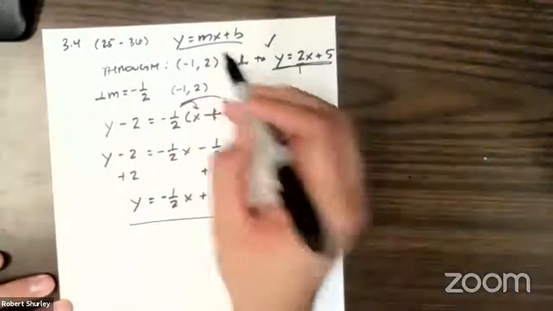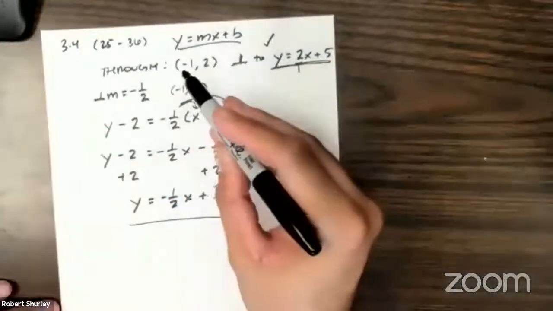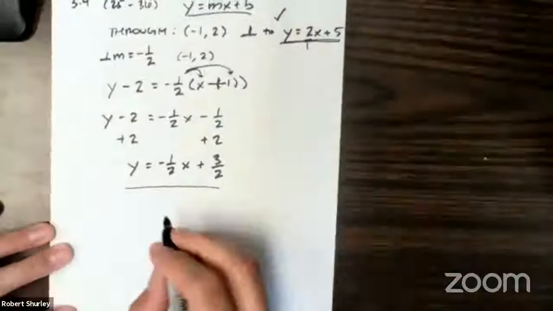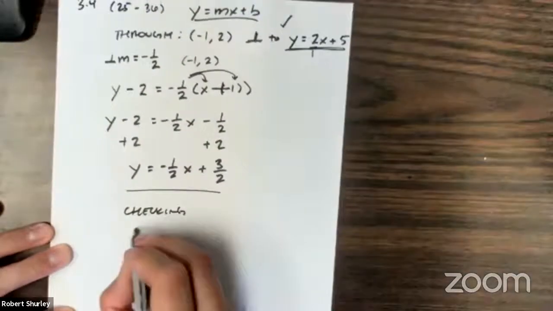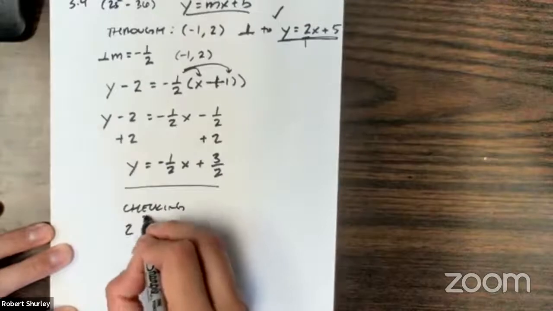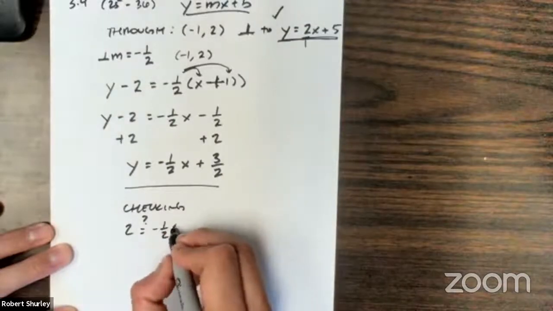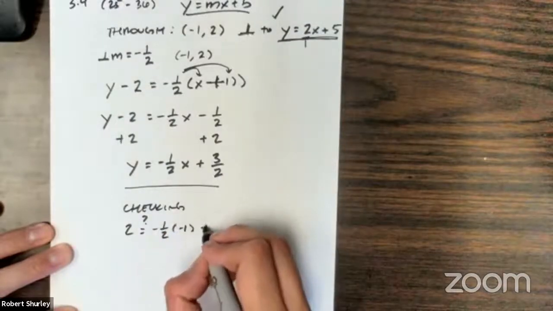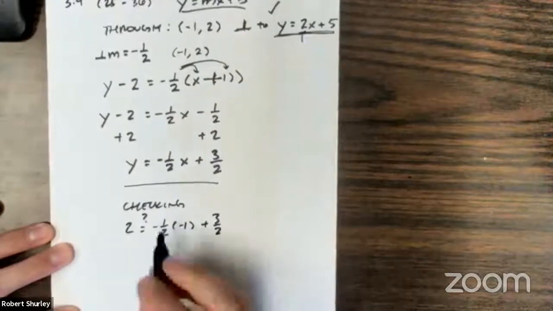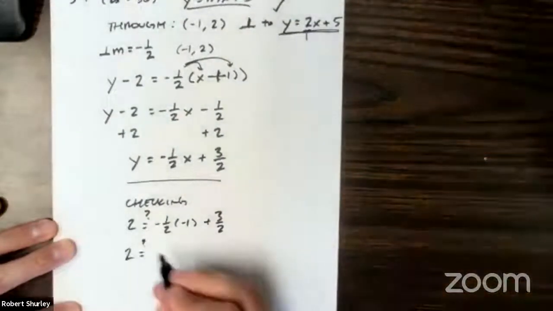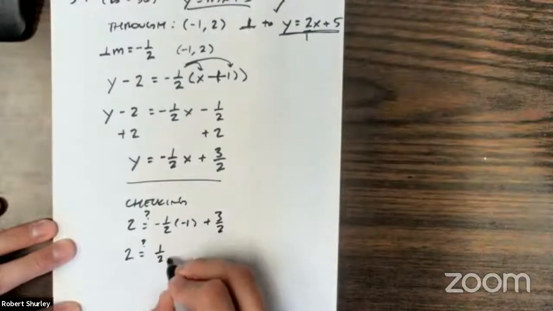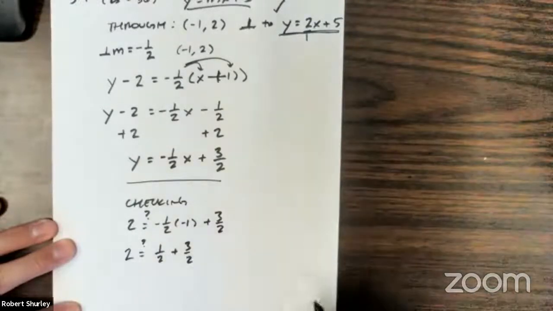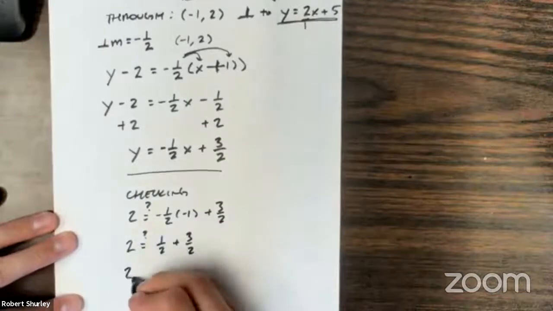Now, do we go through (-1, 2)? Well, this is going to take a little more time to check, but I'm going to check this one, okay? So this is me checking. Is 2 equal to negative 1/2 times negative 1 plus 3/2? Negative 1 times negative 1/2, that's positive 1/2. Well, 1/2 plus 3/2.